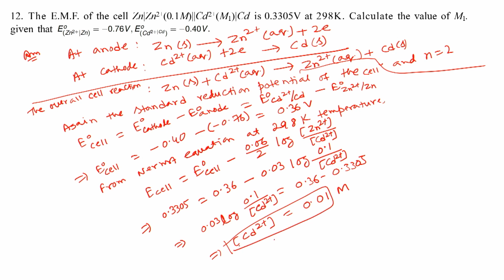Therefore, the concentration of Cd2+ is nothing but M1, which is given, right? So we can further write this as 0.36 minus 0.03 log 0.1 by M. So we can calculate M1.